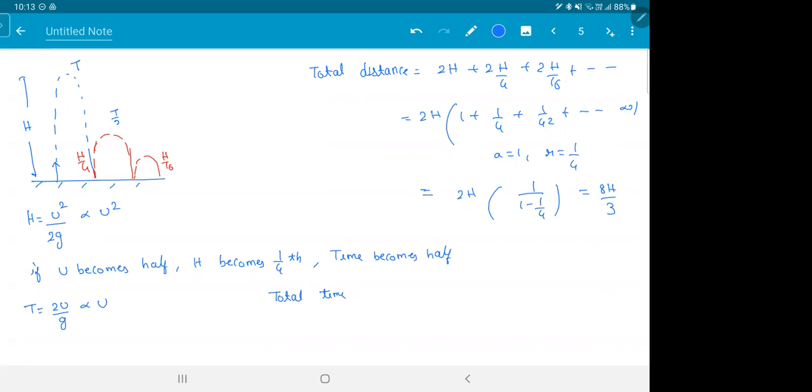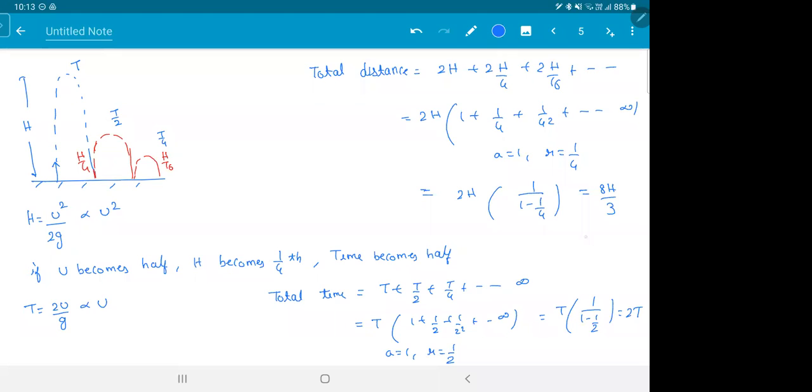The second time will be t by 2, next will be t by 4 and so on till infinity. Take out t common, you get 1 plus 1 by 2 plus 1 by 2 square till infinity. So A is 1 and R is half. That would be t by 1 minus half, which is 2t. That's the total time, where t is 2u by g.